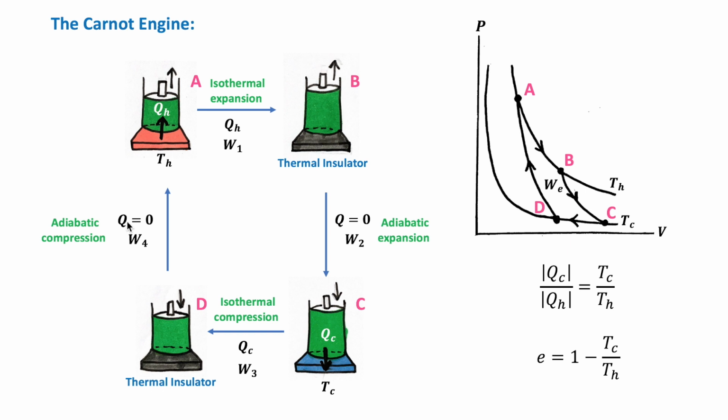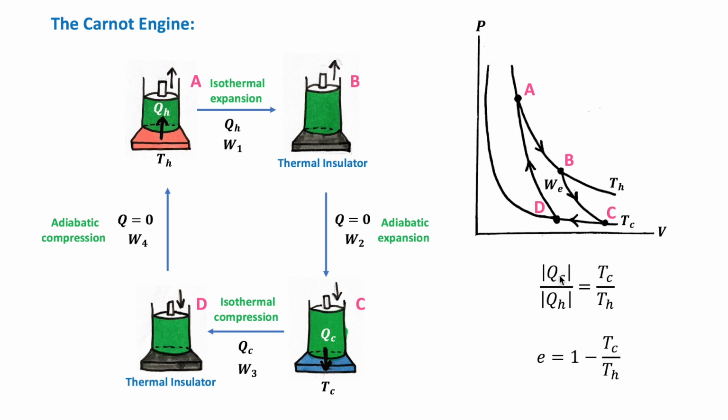In adiabatic compression, Q is equal to 0. This is the PV diagram for this cycle. From A to B, it's an isothermal expansion. Then we have an adiabatic expansion from B to C, then isothermal compression, and then adiabatic compression.